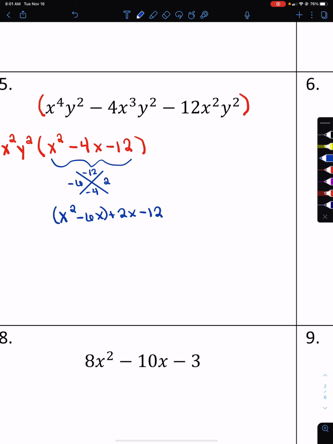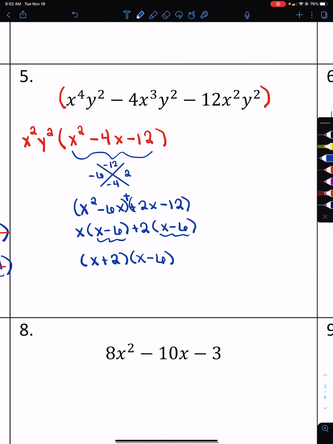Group together the first two, group together the last two. Remember, they are still being added. In the first group, we can factor out an x, so that I'm left with x minus 6. In the second group, I can factor out a positive 2, and I'm left with x minus 6. The insides do match, so we've got x plus 2, x minus 6.